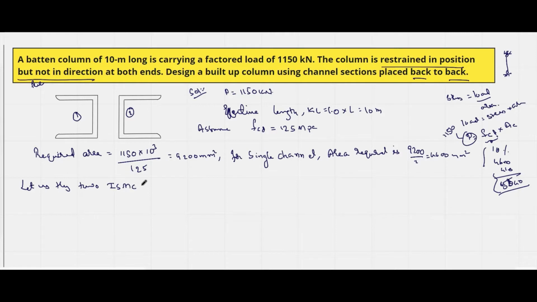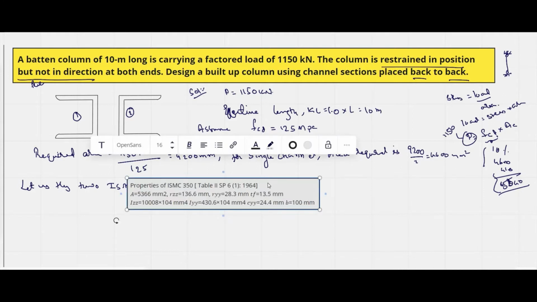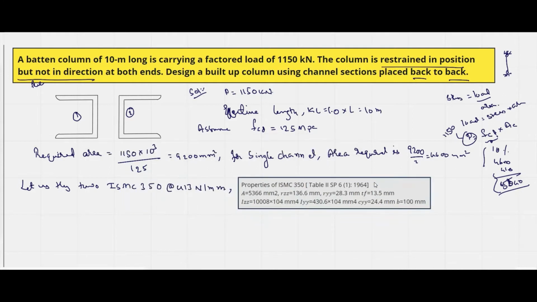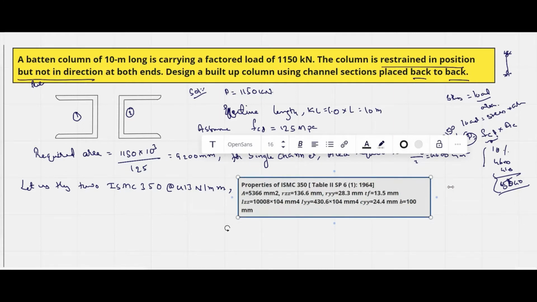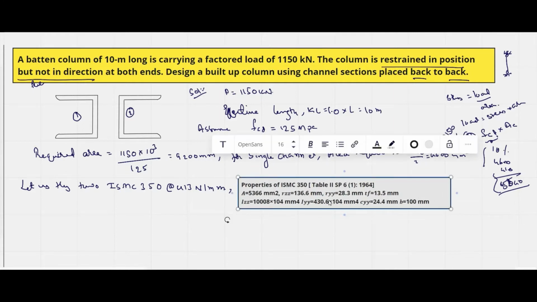IS MC 350, 413 Newton per mm sections. For this one, the relevant properties of the sections are area, which is about 5366, radius of gyration around the z-axis.